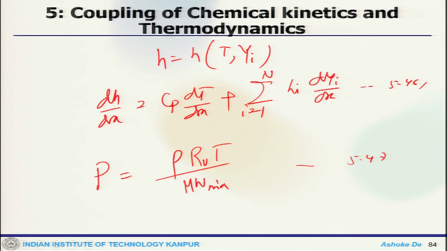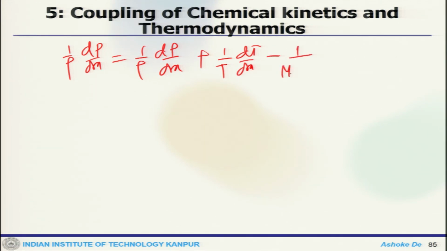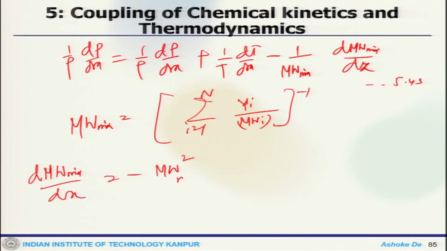So, these are the set of equations, and one will get 1 by rho dP by dx equals 1 by rho d rho by dx plus 1 by T dT by dx plus 1 by molecular weight of the mixture d MW mix by dx, where MW mix equals the inverse of the summation i from 1 to n of yi by MWi, and d MW mix by dx equals minus MW mix square times the summation of 1 by MWi dyi by dx.